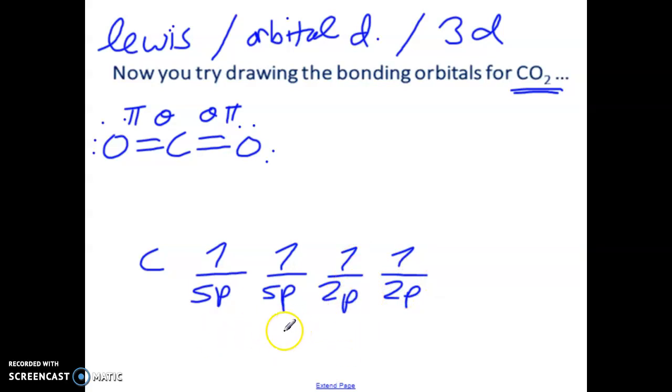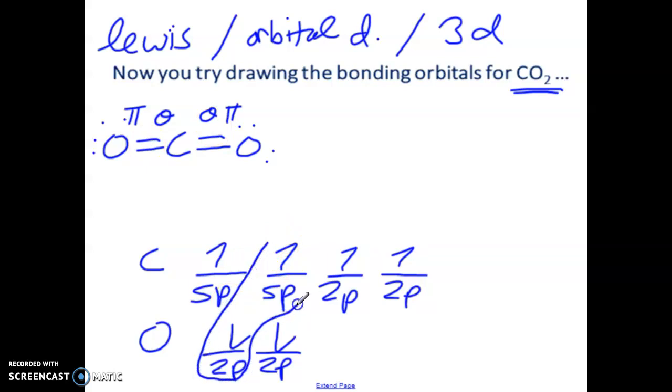For oxygen, you're going to have one oxygen on one side. Each oxygen needs, so I kind of messed up my order here, but that's okay. We're going to have one bond that's a sigma bond with the hybrid orbital, and one bond that is the side-by-side interaction. So we have a sigma and a pi.